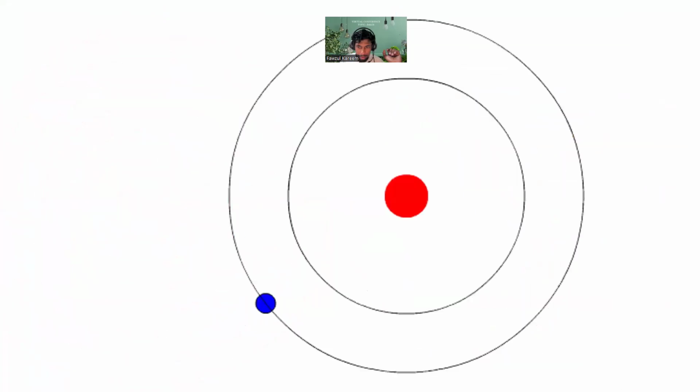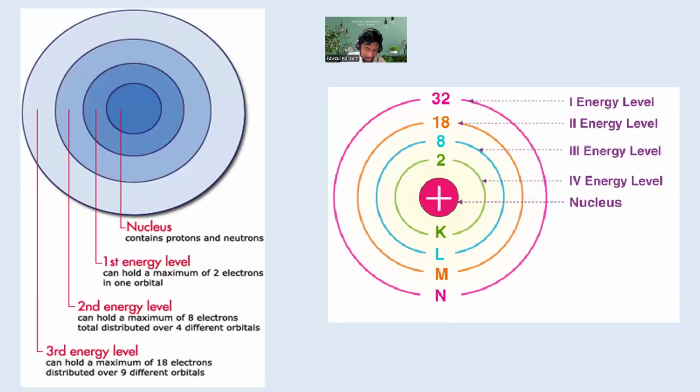No. Why, what's the reason? It's mentioned as 32, 8, 8 and 2. Don't bother about this one. Now check whether it is correct or wrong. Yes, it is correct.